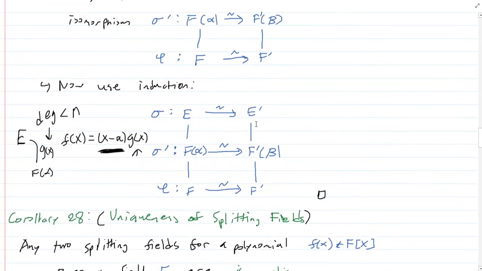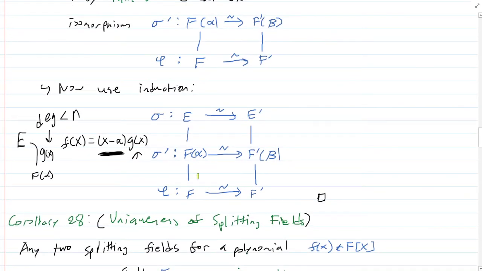So that's the point. So we go up to this extension, f adjoin alpha. We have the isomorphism there from a theorem we proved earlier, and then going from there to the full algebraic splitting field, we get the isomorphism via the induction step, right?